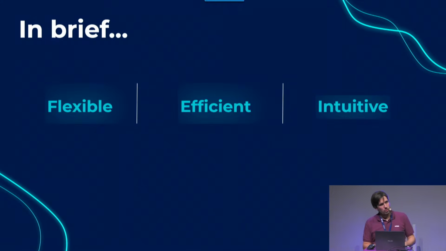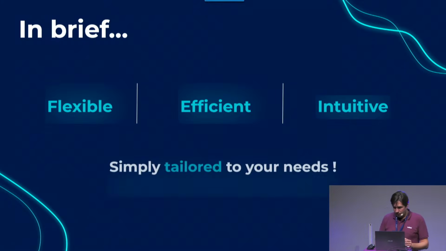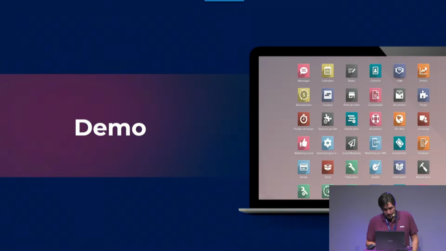For those among you who knew analytic in V15 or former versions, there were two fields and it was sometimes perceived as complex. Here it has been harmonized and the intuitivity of the tool was our main concern. So the new analytic accounting is simply tailored to your needs.